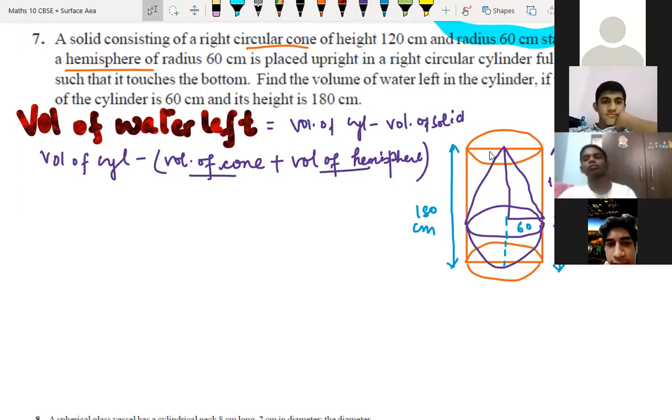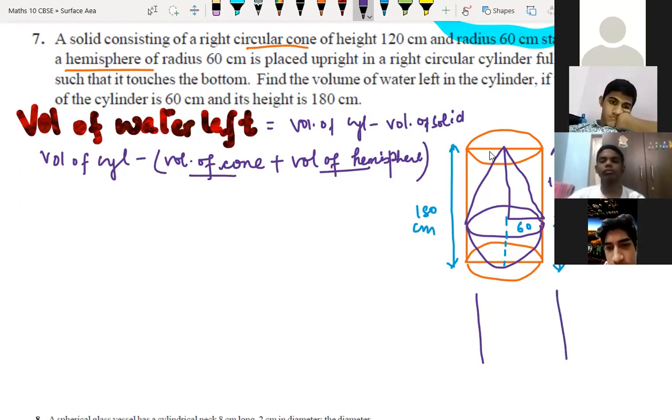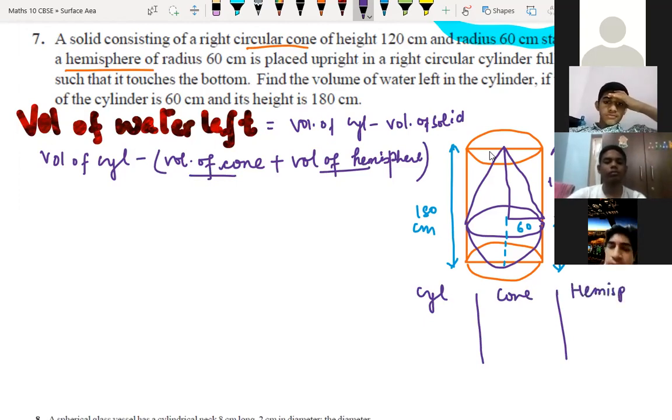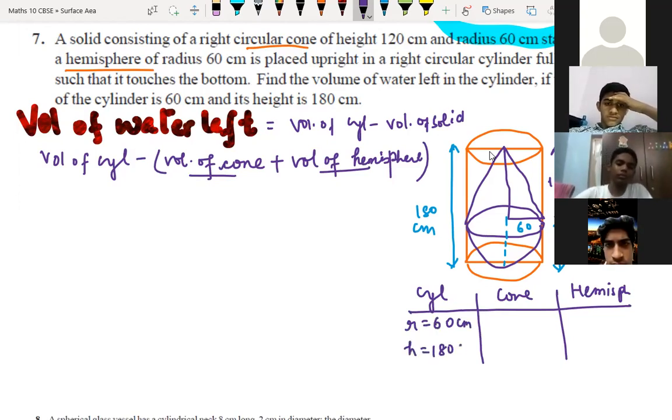Understood? Yes, sir. So we make 3 columns over here: one for cylinder, one for cone, and one for hemisphere. Cylinder radius is 60 centimeter and height is 180 centimeter.